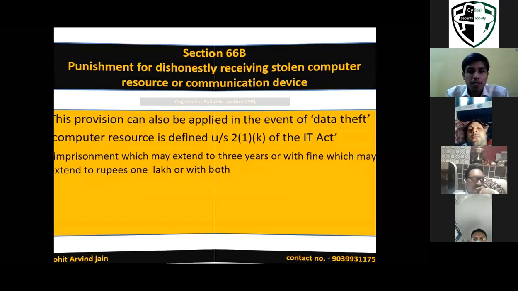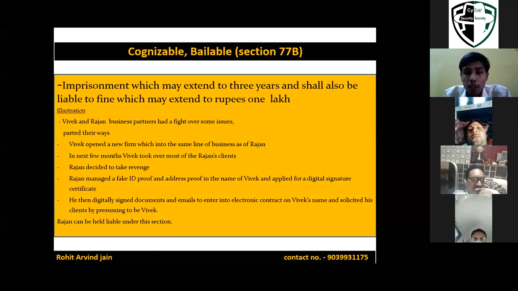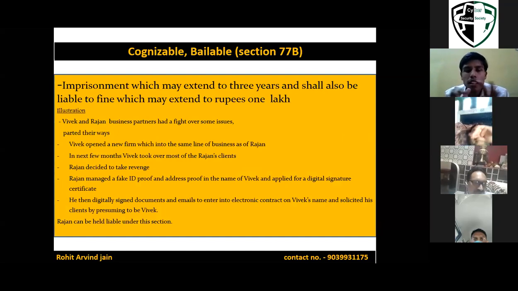It is a very famous illustration, a very famous case I will discuss with you. Vivek and Ranjan are both business partners and had a fight over an issue. Then they parted, and Vivek opened a new firm with the same business as Ranjan. After a few months, Vivek took over all of Ranjan's clients, and then Ranjan decided to take revenge.